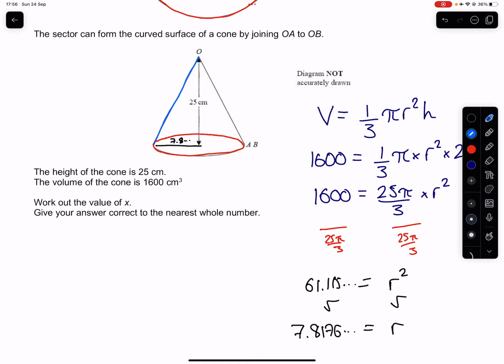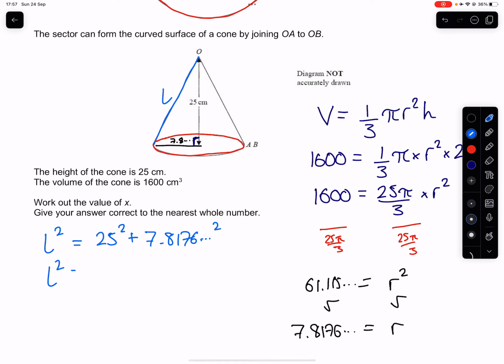What comes next is figuring out this sloped length L. We have our height, we have our radius, and these two along with L create a right angled triangle. So in order to get L, we're going to do Pythagoras. L squared is going to equal 25 squared plus 7.8176 and change squared, making sure we use our answer button here.